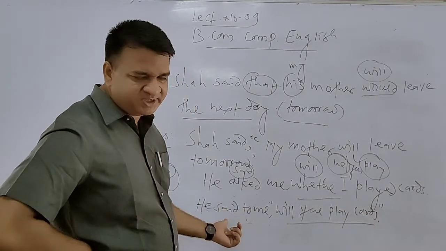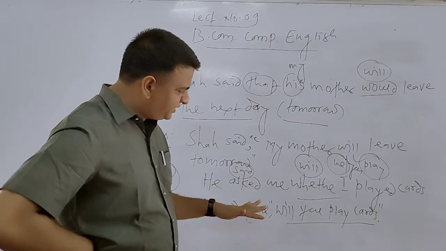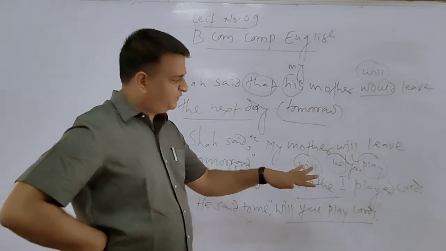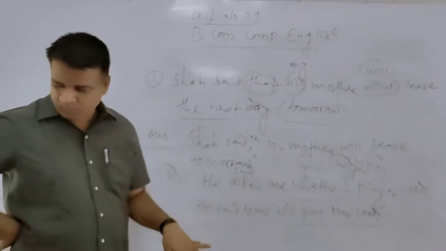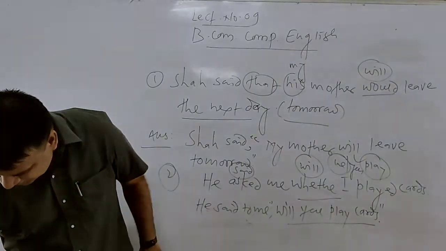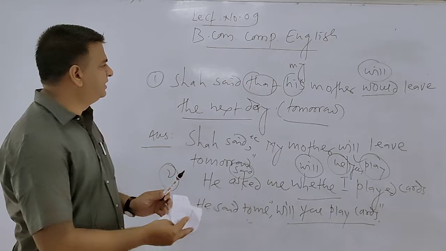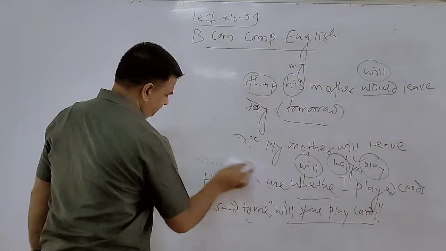It was the reported speech which is simple past. So we have simply said he said to me, will you play cards? He asked me whether I played cards. So this way you have to convert this simple sentences into the direct speech.